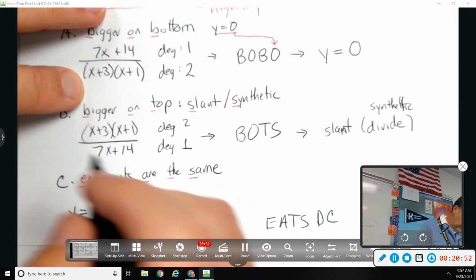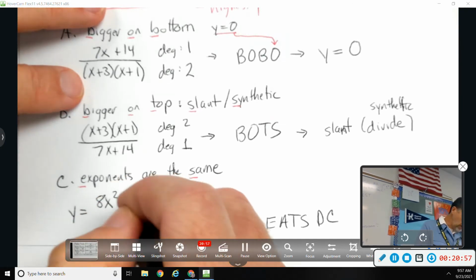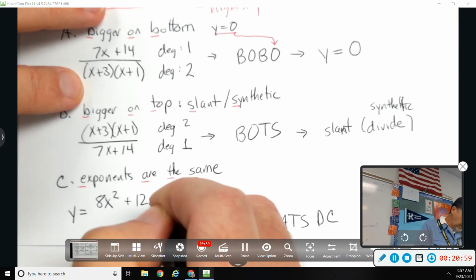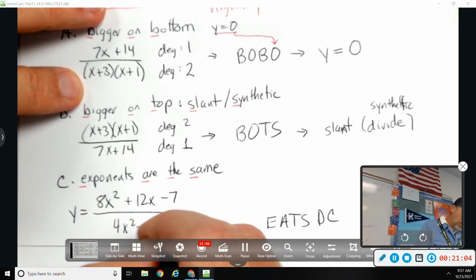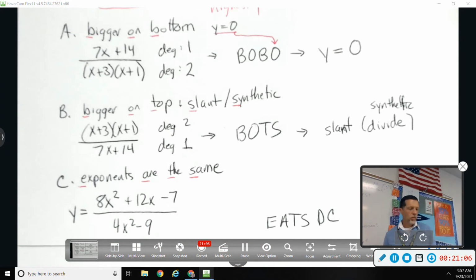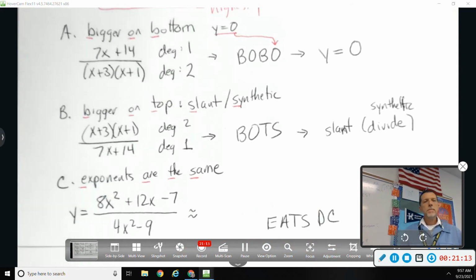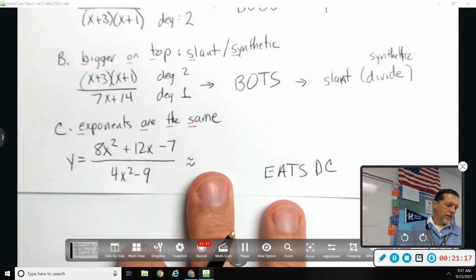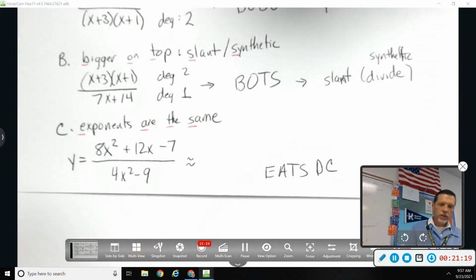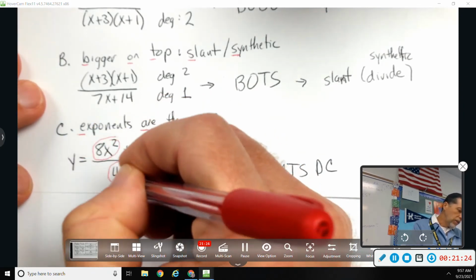Figure out the DC here in a minute. So let's say we have y equals 8x squared plus 12x minus 7 over 4x squared minus 9. Well, as x gets really big, the only terms that matter are the lead terms, right?